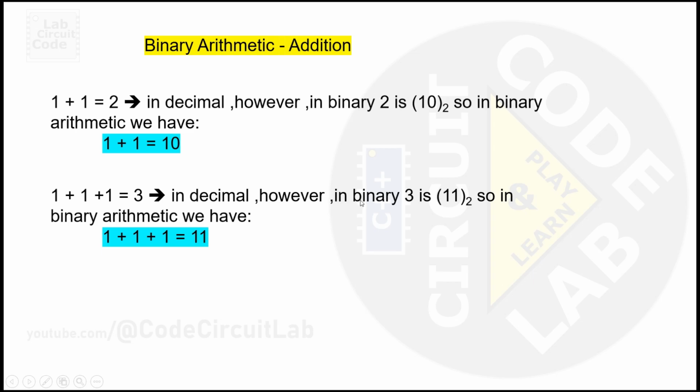However, in binary, 3 is 11. So in binary arithmetic, we have 1 plus 1 plus 1 equal to 11, which looks like an eleven. However, it's not eleven. It's 1, 1 in binary.